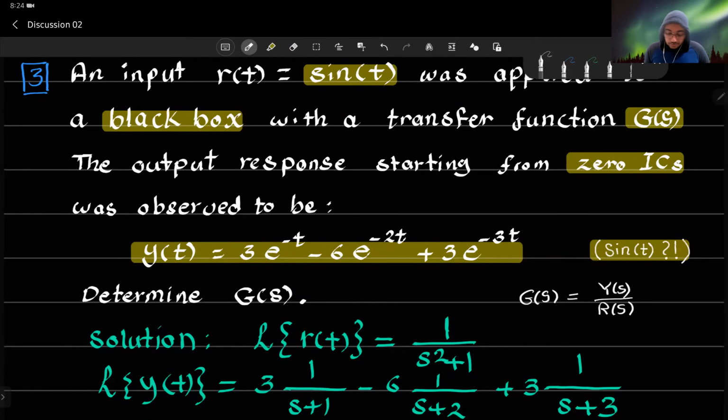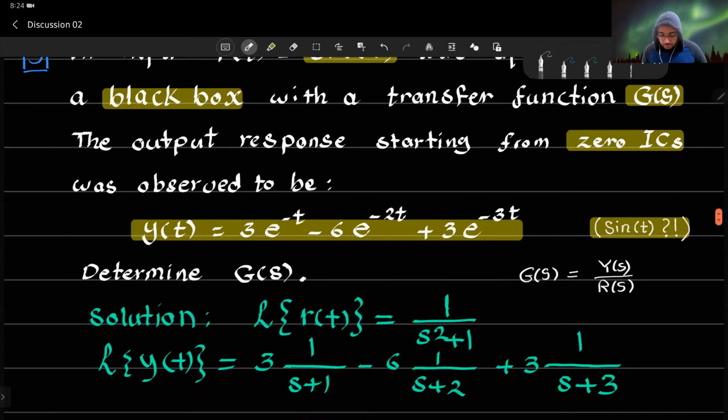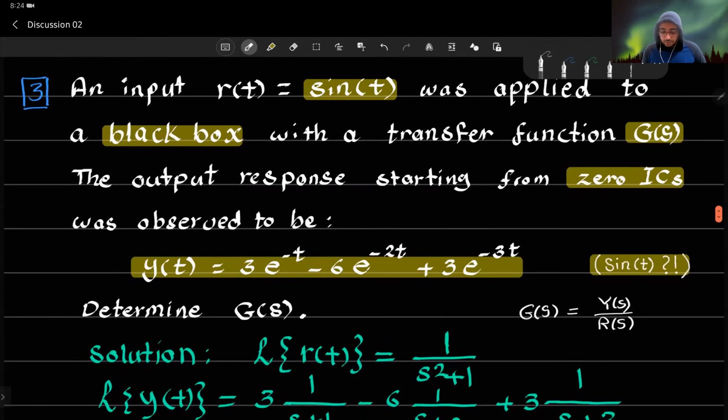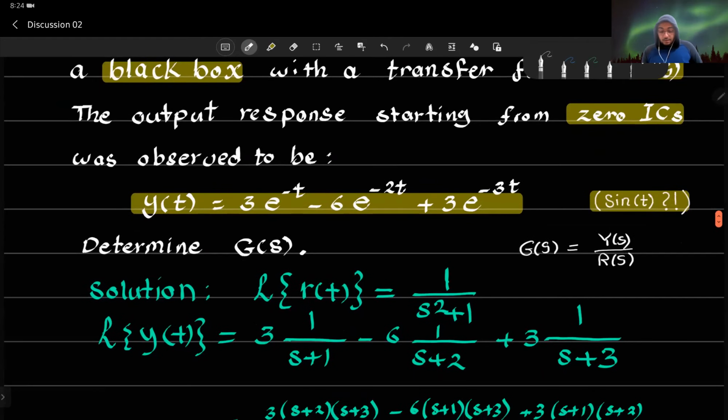We have an expression for both the input and the output, so we can simply compute their Laplace transforms and divide them. The Laplace transform of the input is 1 over s squared plus 1, right? This is a sinusoidal function, and its Laplace transform is given like this.